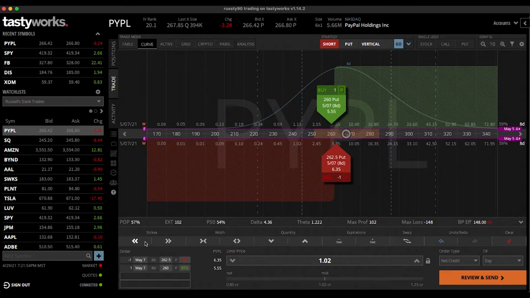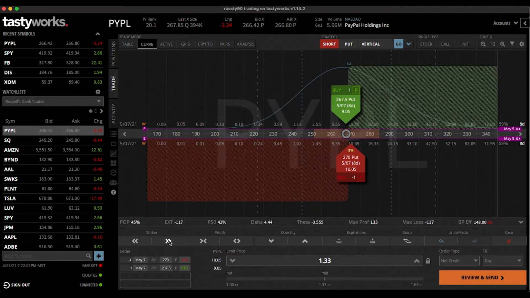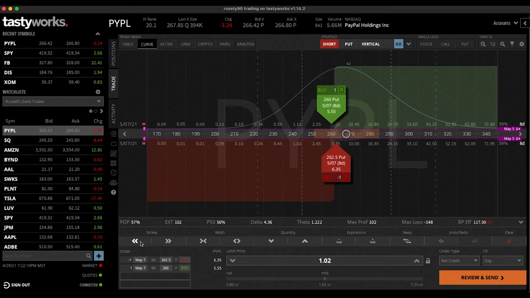Like, let's say a couple days ago, you got this one. You see how this one is like the price is 102, but let's say this one, right? Let's say you received $133 in credit, or 133 times 100, right? As the price of the stock moves up, like this one, let's say the price was here when you got it, right? This was at the money when you got it a couple days ago, and you received $133 in credit.